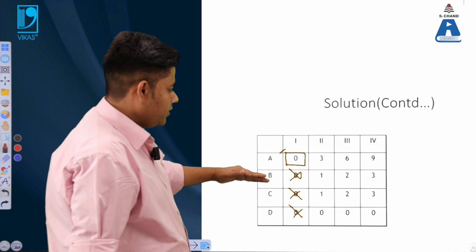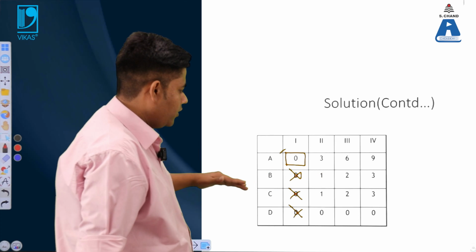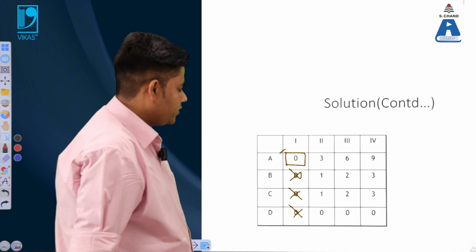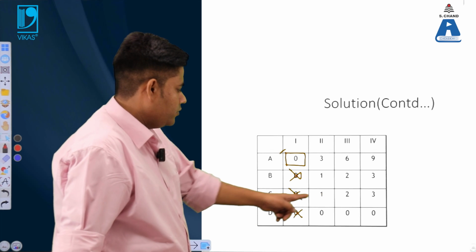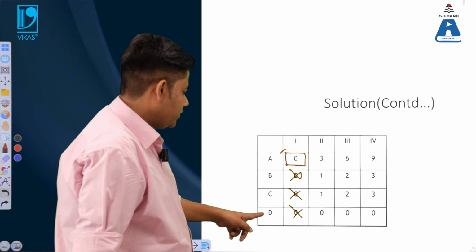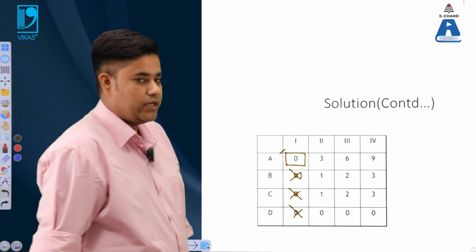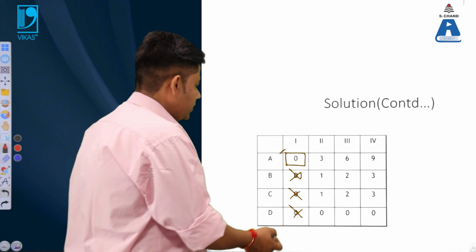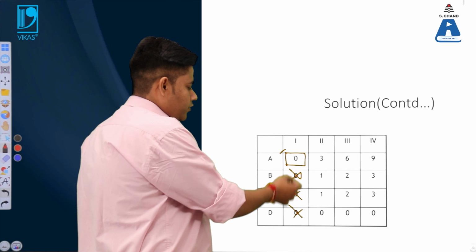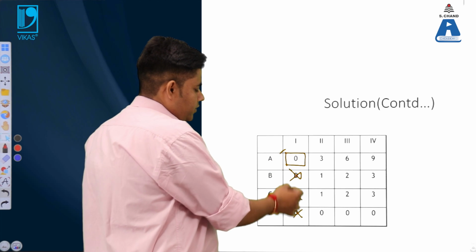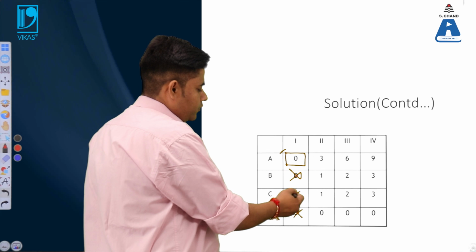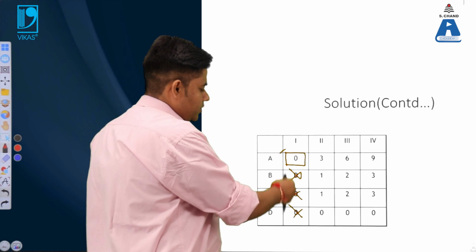In the next row you have to look for the zero which is already crossed, and in the third row you do not have any zero because the zero is crossed. In the fourth you have 3 zeros, so you need to skip that out. Now in the next particular round you need to move from left to right. So in the first round of moving from left to right, you have the first column.